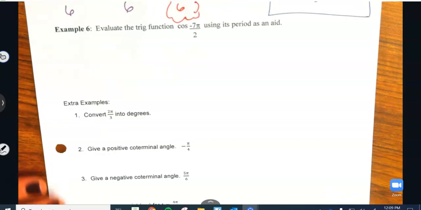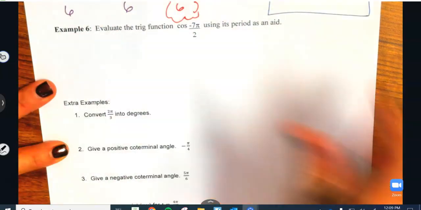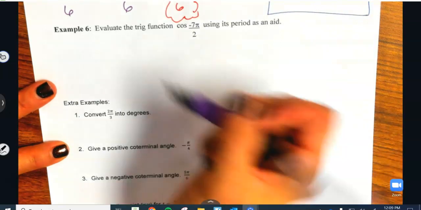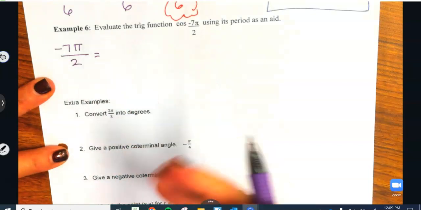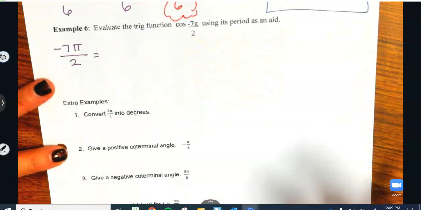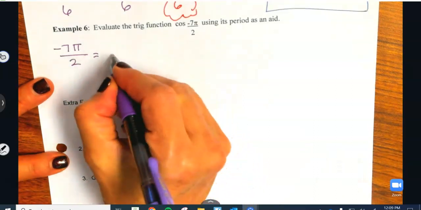Now, let's look at this. Let's start the same way we did here. Let's take that negative 7 pi over 2, and set it equal to something. What are we going to set it equal to? Negative 2 pi. But remember, we have to write it in terms of 2.